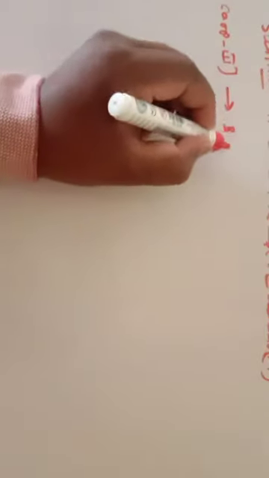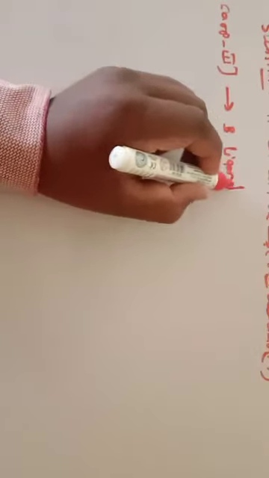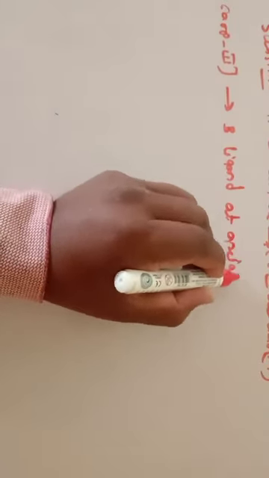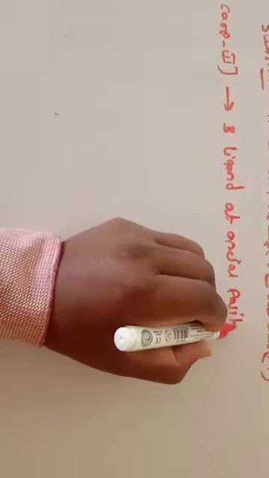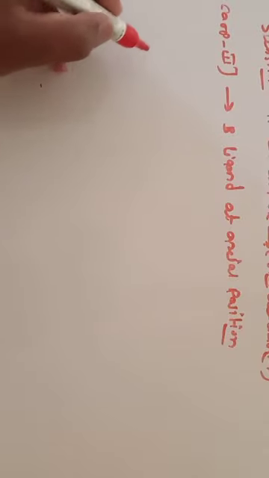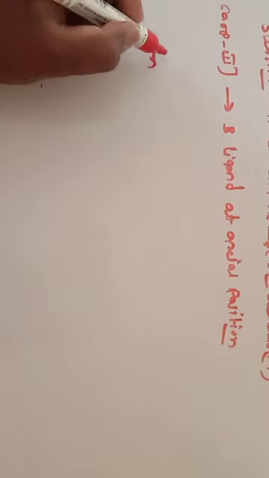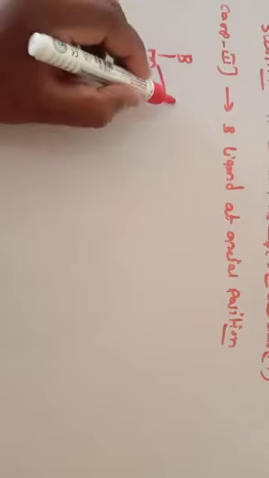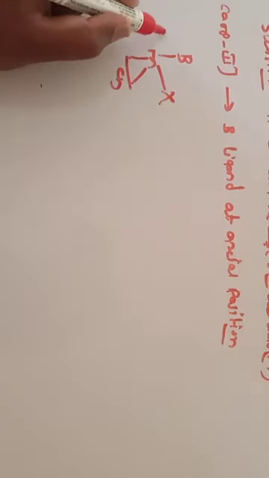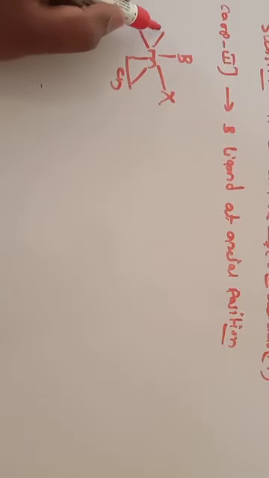The third case, that is, the B ligand at an axial position. It is not part of the trigonal plane. And the geometry is again the intermediate with trigonal bipyramidal geometry. So this is your complex M, this is your B, this is your X, this is your en, and this is your en.